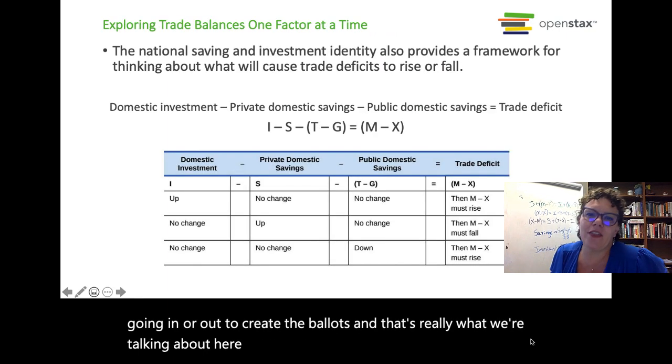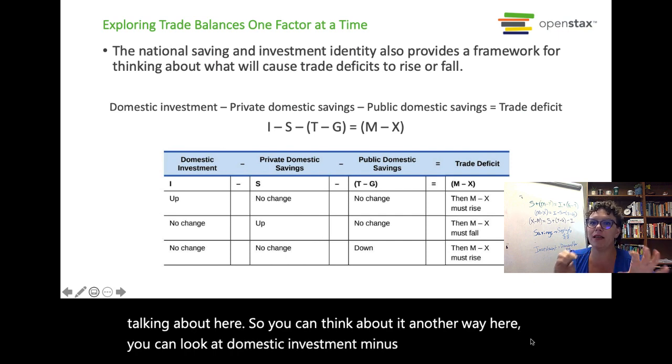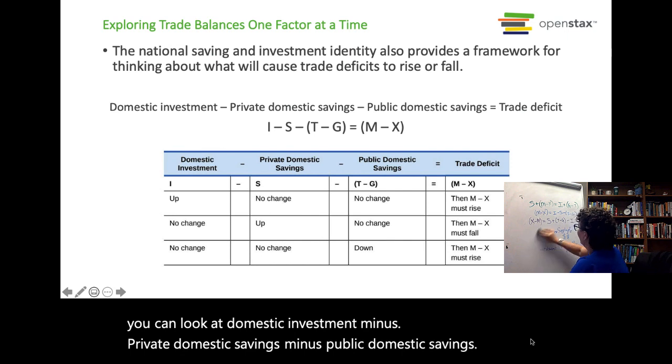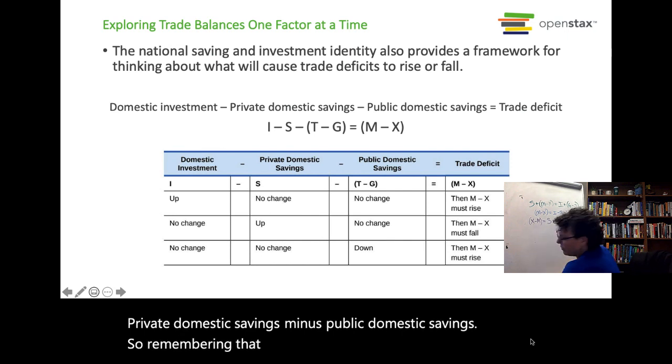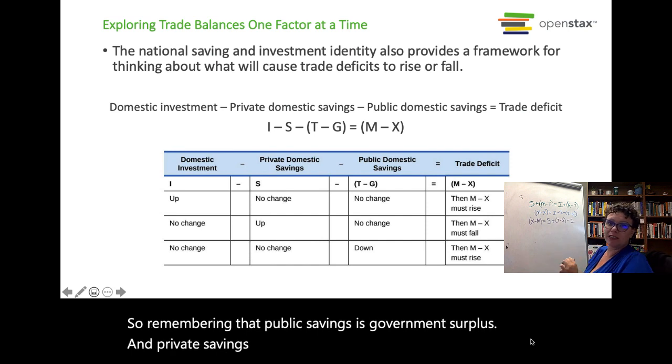So you can think about it another way. Here you can look at domestic investment minus private domestic savings minus public domestic savings. So remembering that public savings is government surplus, and private savings is household savings.